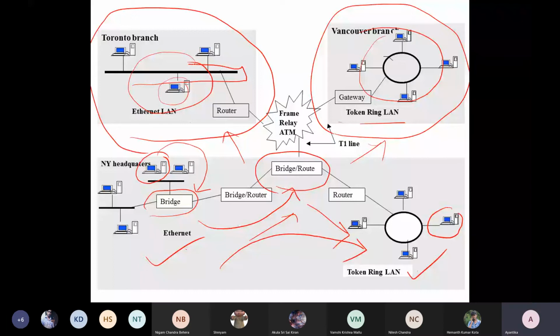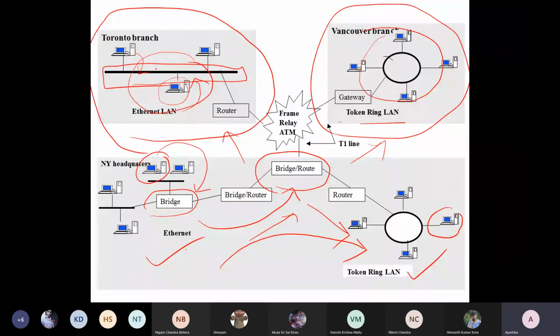In this shared bus, multiple computers are connected in a general scenario, and it may happen that when this computer is starting its communication, that one is also starting its communication, and there may be a possibility of collision.